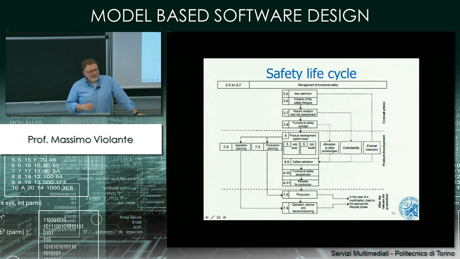Then the tier 1 ships the result of the design activity to the customer, so to the OEM. Again, if you are in the OEM, you can be involved in the validation phase at the system level. So you have the electronic control unit designed by Bosch, you receive it, you connect it with the real engine, the real gearbox, or let me say a proper model of the plant you want to control, and you validate whether everything is working fine.